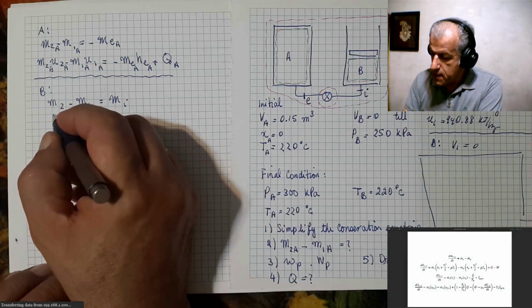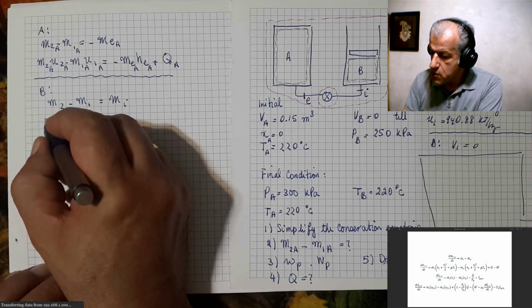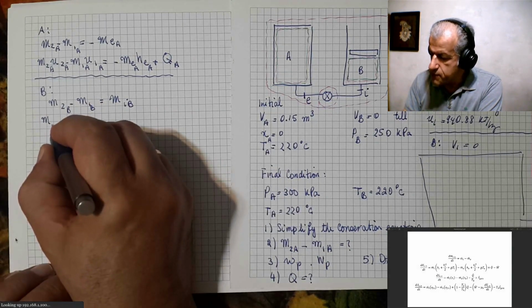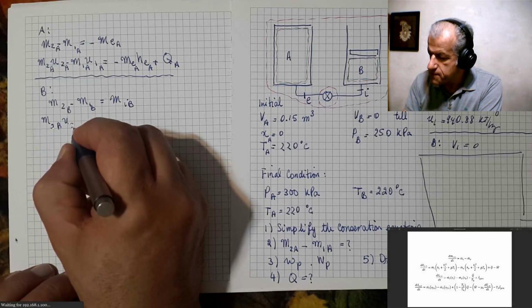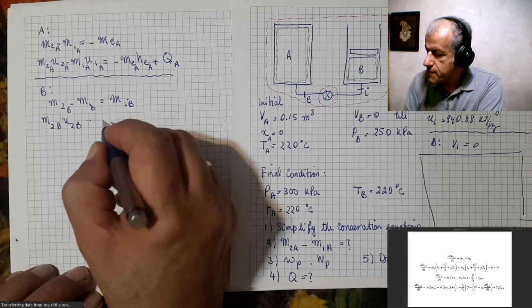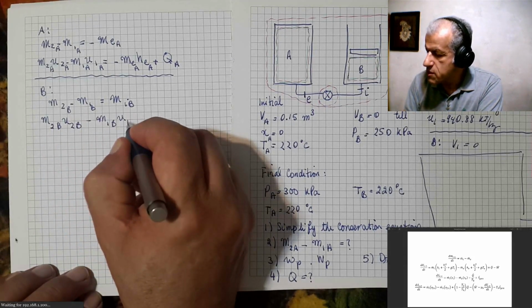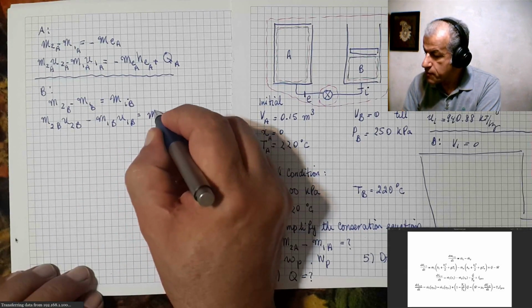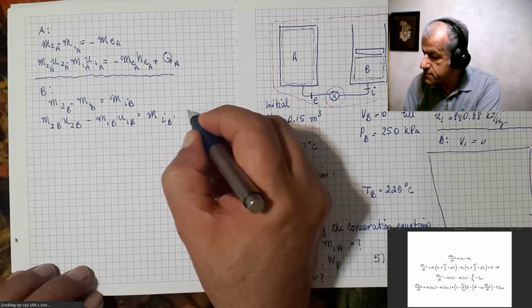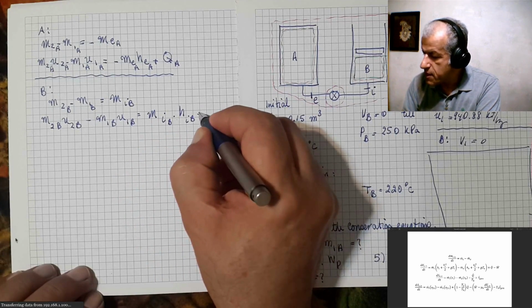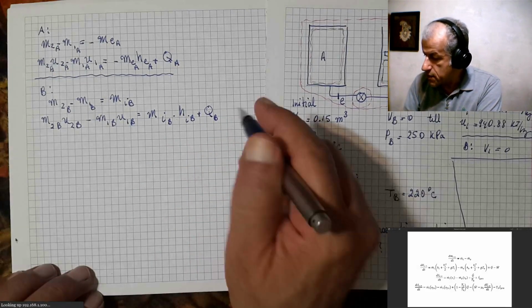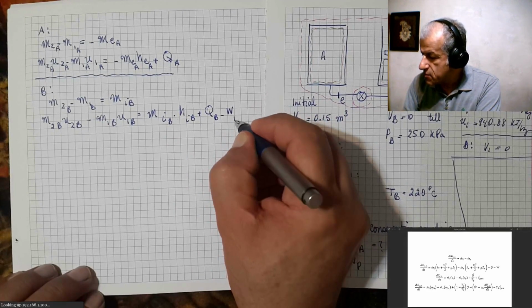Now, the energy equation for B would be, this is B, this is B, and this is B. M2B U2B minus M1B U1B equals mass enters B, and so it brings energy with it, MIB times HIB, plus some heat transfer, QB, and also there is some work because there is a piston that moves.